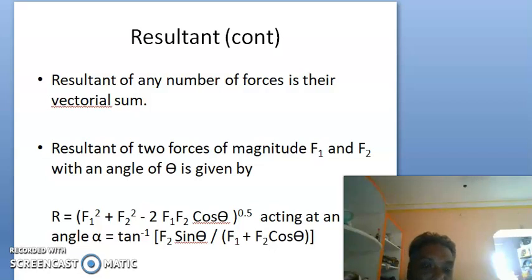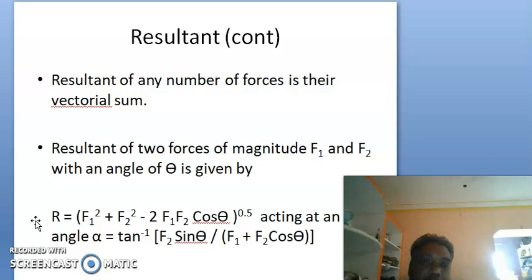The resultant of two forces of magnitude F1 and F2 with an angle of theta between them is given by the expression: resultant R is equal to (F1 squared plus F2 squared plus 2 F1 F2 cos theta) to the power 0.5, which means the square root of the same, acting at an angle of alpha, which is given by tan inverse of F2 sin theta divided by (F1 plus F2 cos theta).